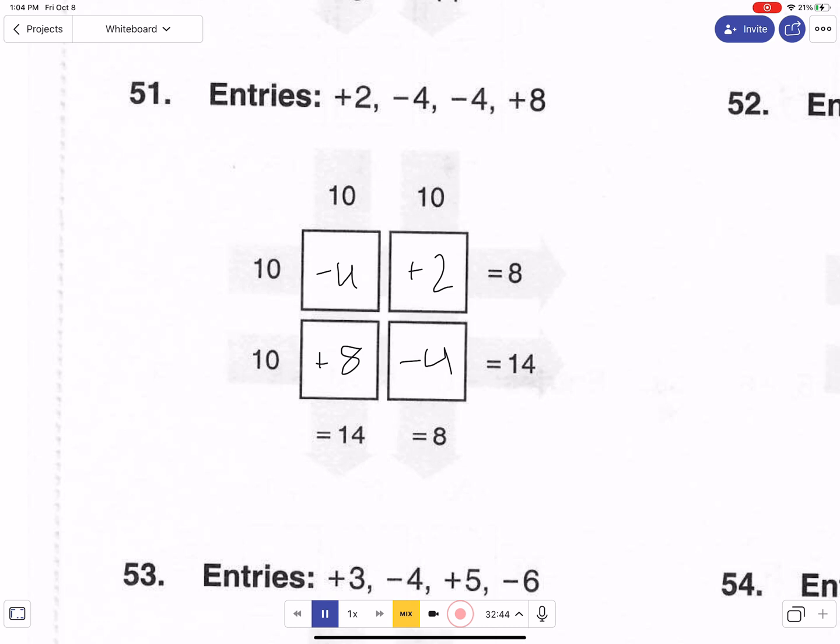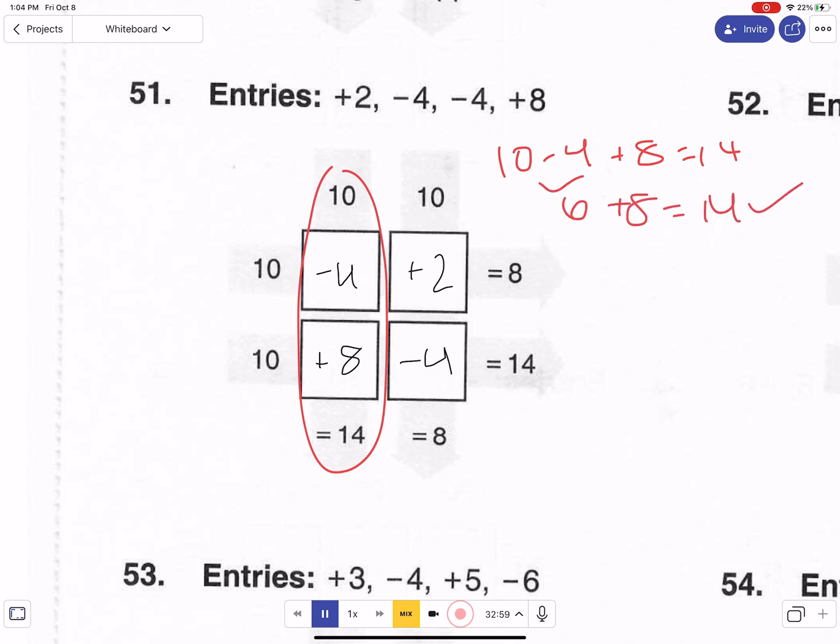Now it's time to check. 10 minus 4 plus 8 equals 14. 6 plus 8 equals 14. That's correct. Second row, second column equals 8. That's 12 minus 4 equals 8.